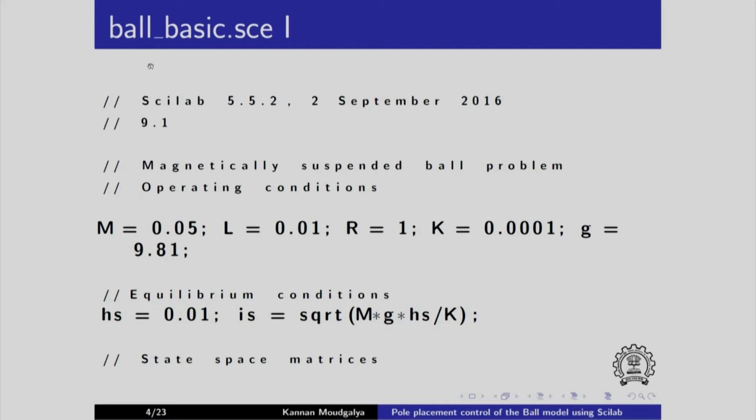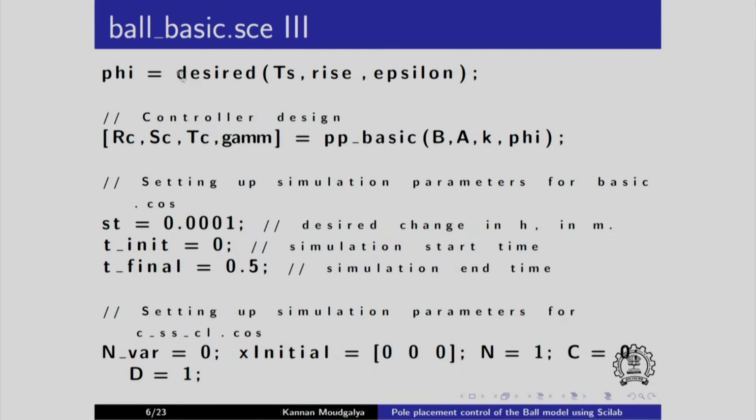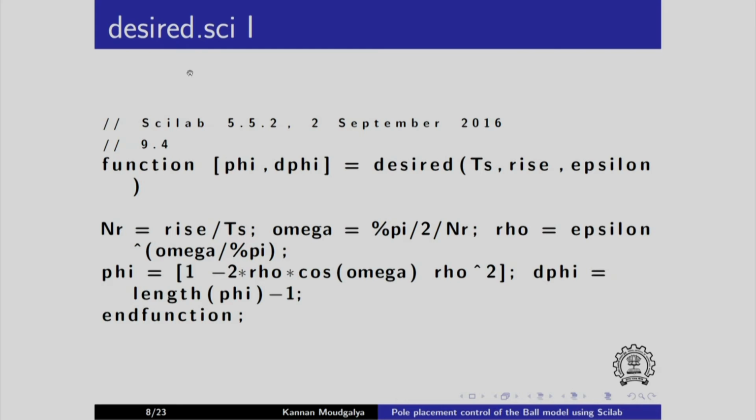Here is the code that I have used, ball_basic.sce. It uses my C2D. It makes use of a function called desired and a function called pp_basic. I am going to show these two functions subsequently. Here is the function desired.sci.